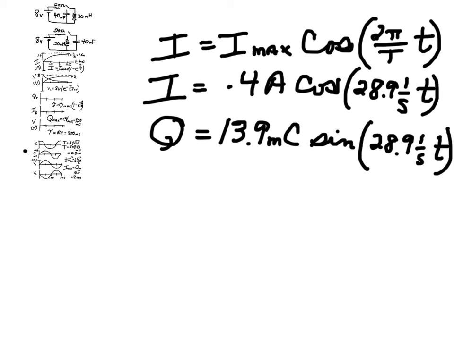And if I calculate that out for this problem, these are the numbers I get. I equals Imax, that's the 0.4 amps, we know that, times the cosine of this number, which calculates out to have units of radians per second, or 1 over seconds. And this will give us an angle in radians. So it's 28.9 1 over seconds times t.